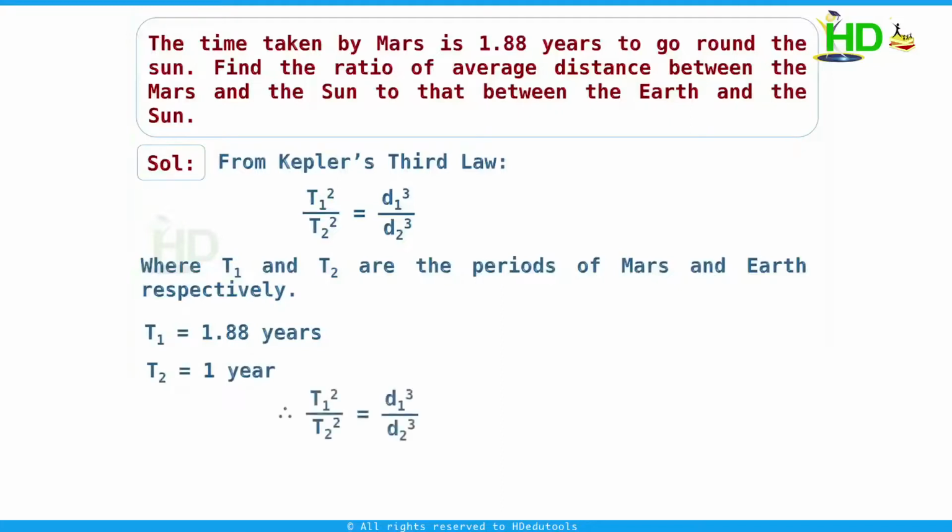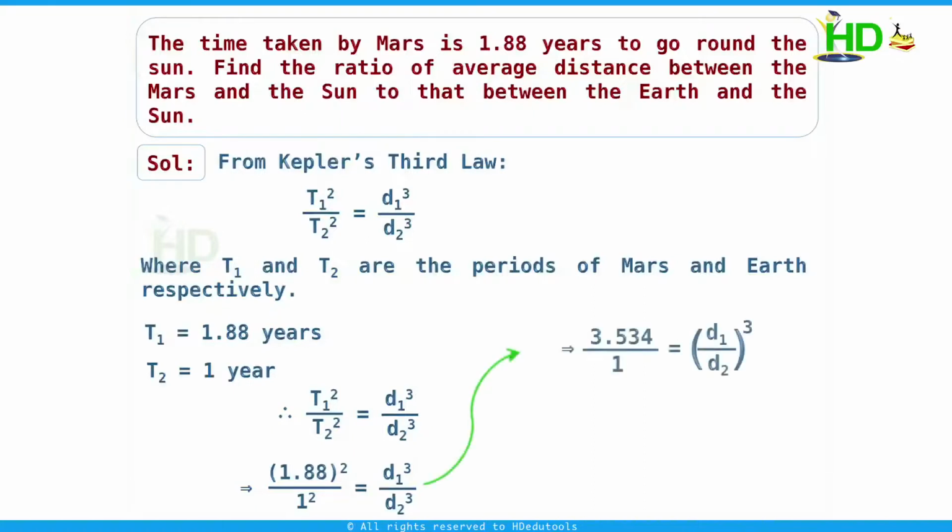Therefore, t1 square by t2 square is 1.88 whole square by 1 square. This is equal to d1 cube by d2 cube. From this we can write d1 by d2 whole cube equal to 3.534 by 1, and d1 by d2 is 1.52. The ratio of average distances between Mars and Sun and Earth and Sun is 1.52.